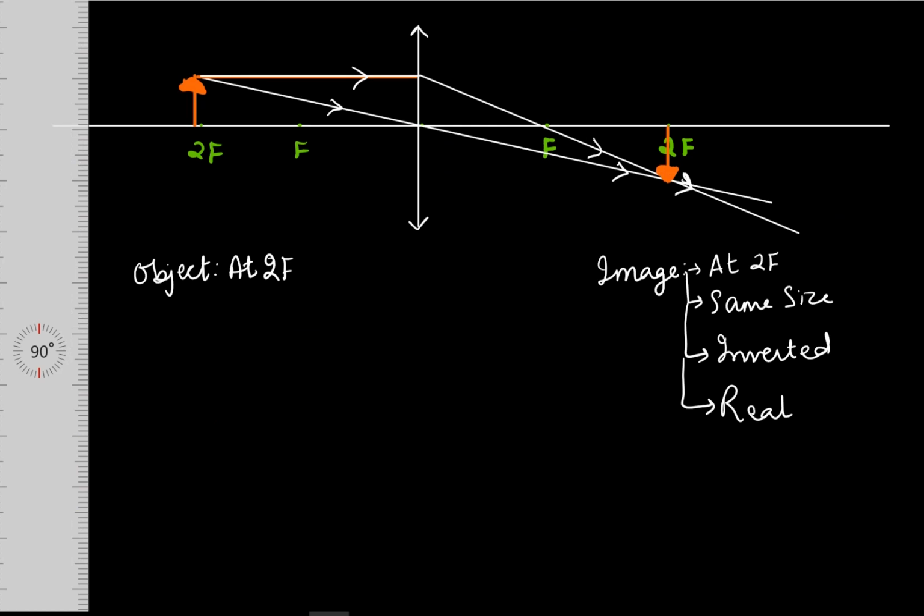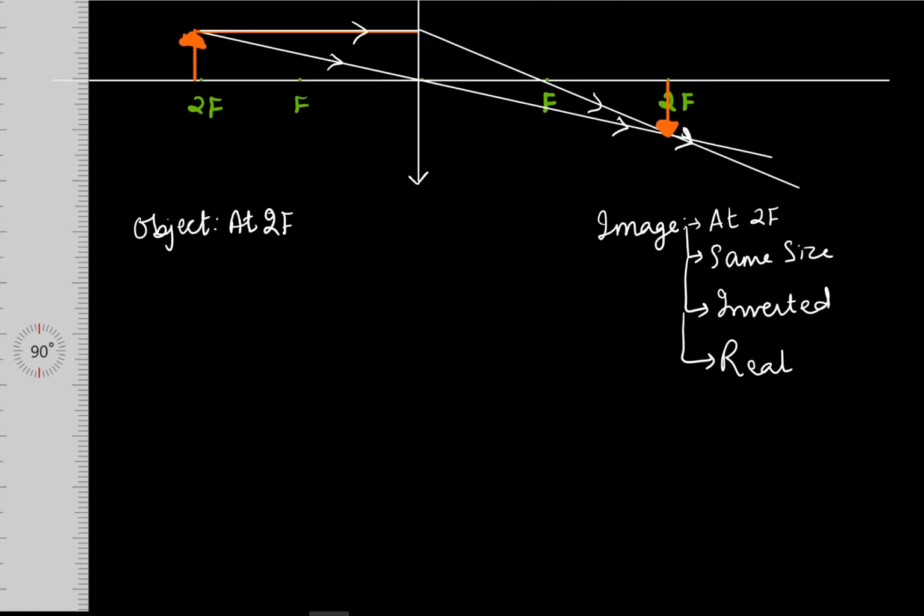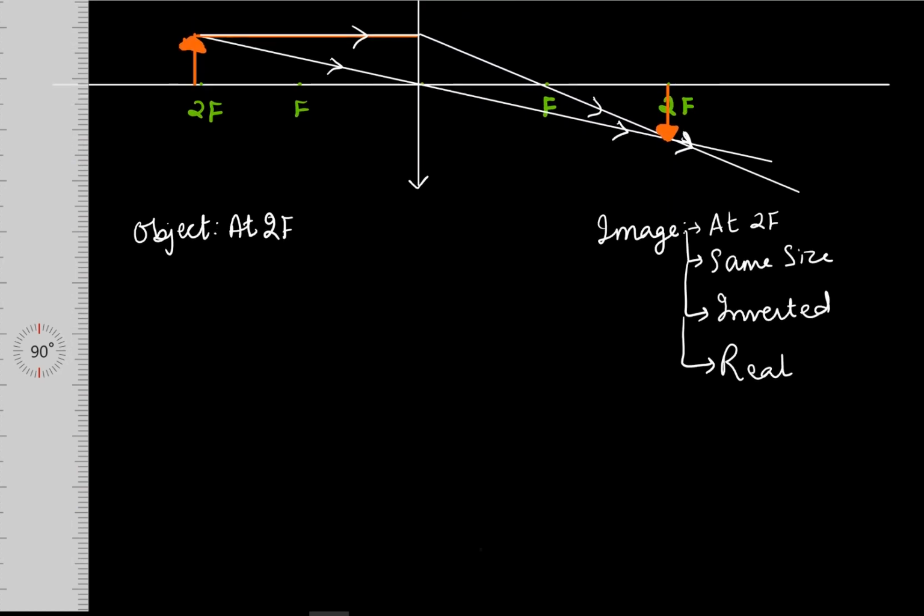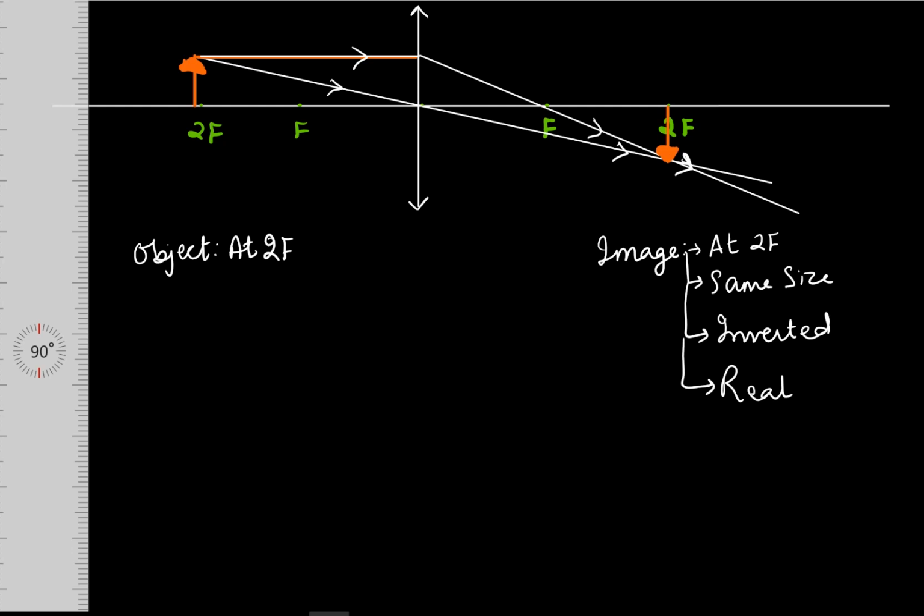Okay, so now coming to the last construction, and that is the magnifying lens diagram. And once again I have drawn my principal axis. Now I'm going to mark my lens.